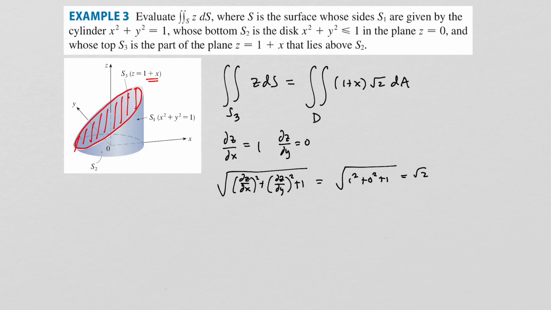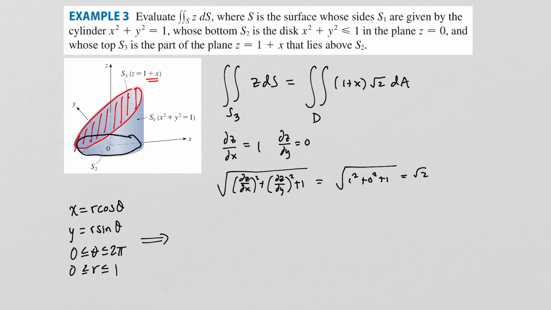Now, when you're a point somewhere in here, you could have a radius less than 1, right? So the parameterization is just going to be changing over to polar coordinates. I'm going to let x equal r cosine of theta, y equal r sine of theta. Theta will be between 0 and 2 pi, and r will be between 0 and 1, again, because this down here is the unit circle.